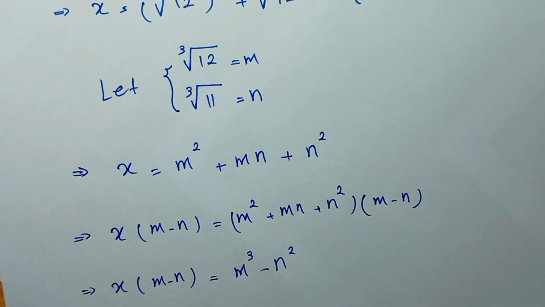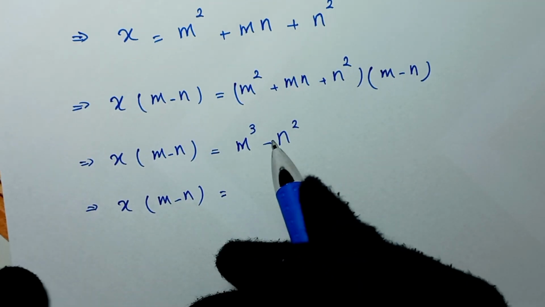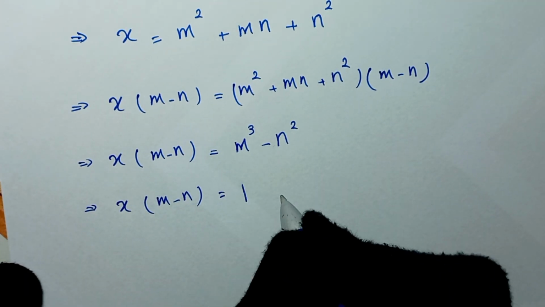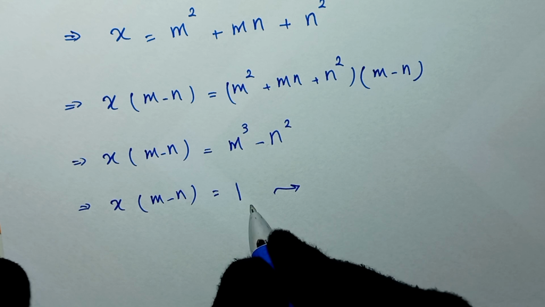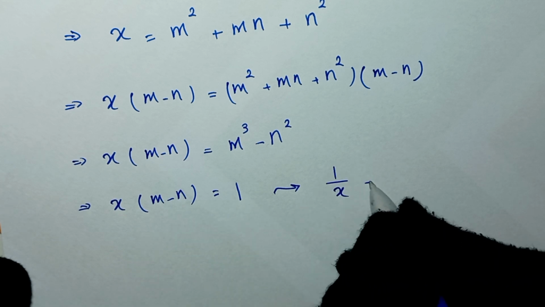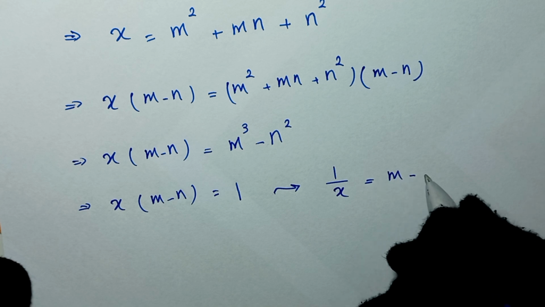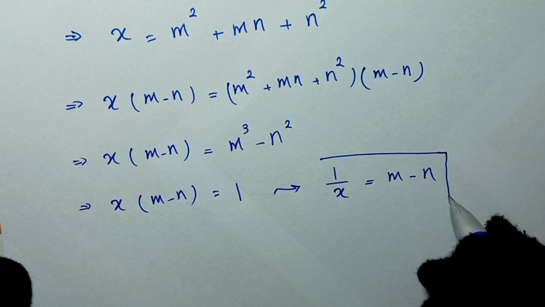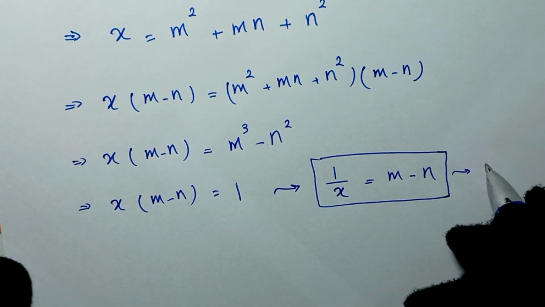So 12 minus 11, it will be 1. And from here, we divide both sides of the equation by x, and it will be 1 over x is equal to m minus n. So we let this as equation 1.